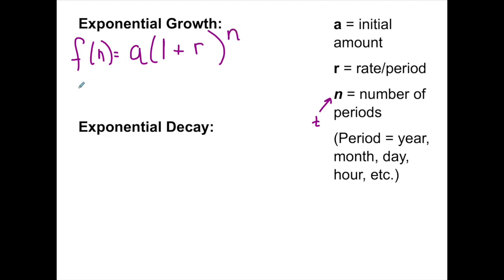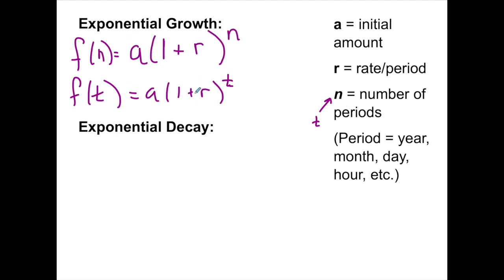And again, sometimes people also write it like this. F of t equals a times 1 plus r to the power of t, where t represents the number of whatever. So this means the period, which just means how many years have gone by, how many months have gone by, how many days have gone by.